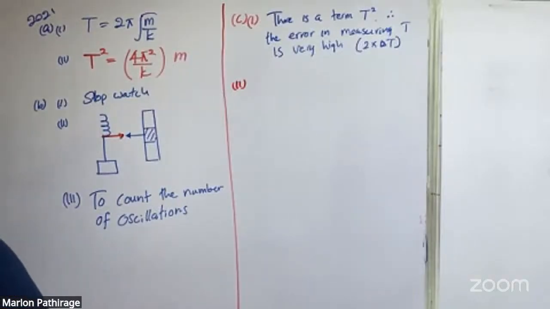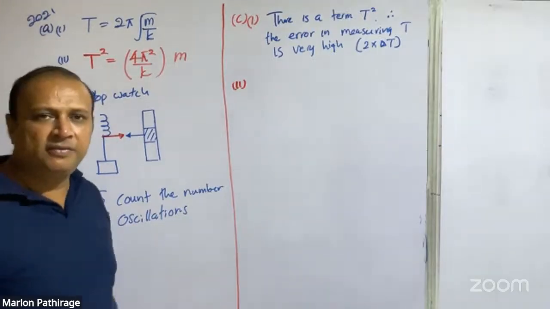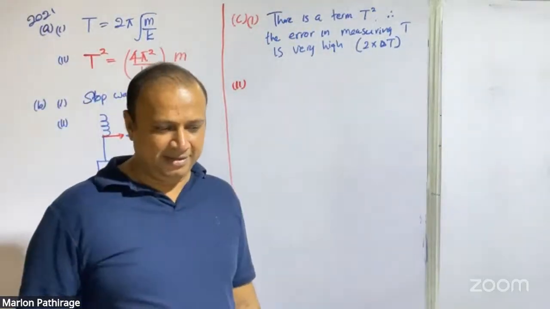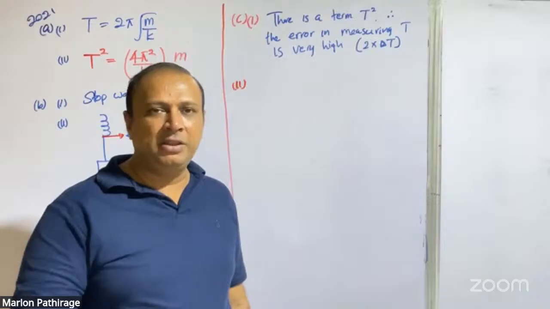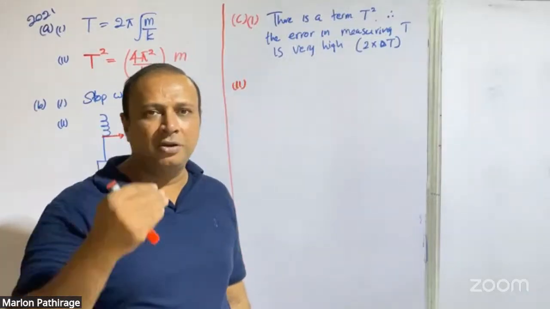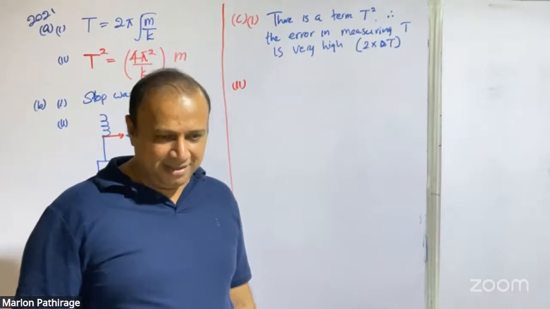Then, what is the characteristic property of the instrument mentioned in B1 above, which affects the fractional error of time measurement? The instrument in B1 is the stopwatch. Definitely the fractional error is equal to the least count over the measurement.